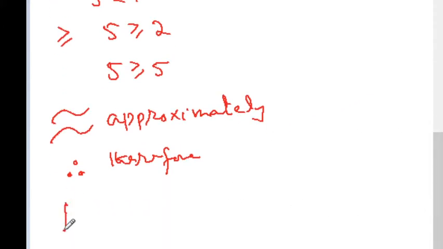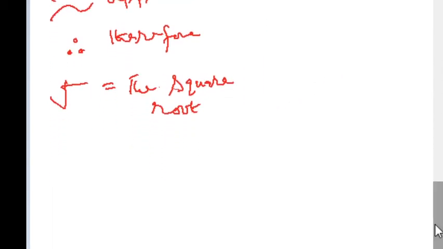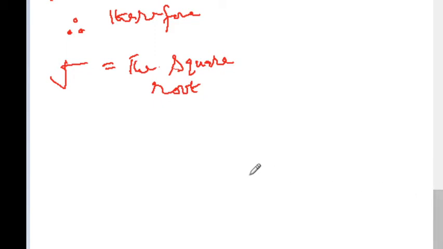One more symbol is here, the square root. We'll be using these symbols in this new exercise.